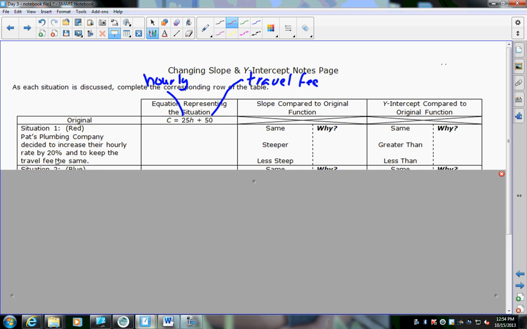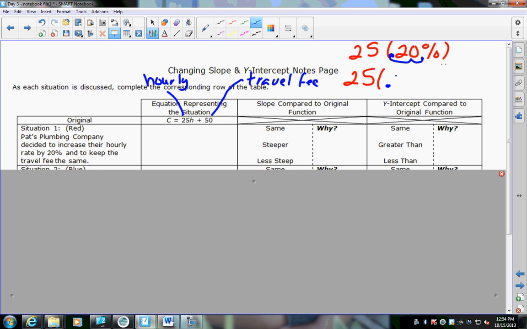So if I'm increasing my hourly rate, I'm increasing my $25 by 20%. So I'm going to take 25 times 20%. But when I multiply by a percent, you can't just put in times 20. You have to remember that there's a decimal here and you have to move it 2 places to the left.